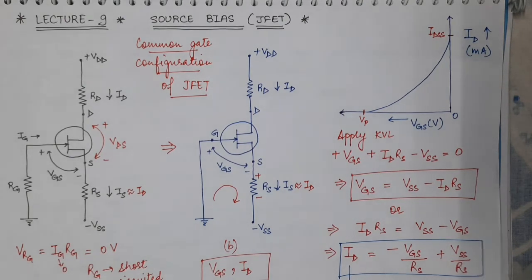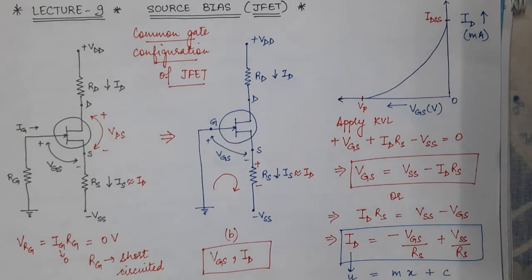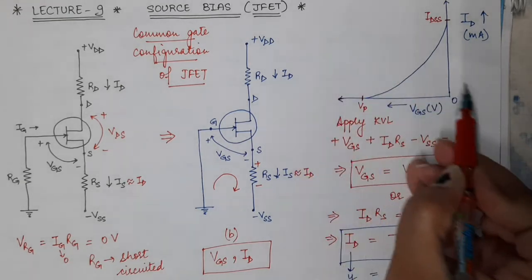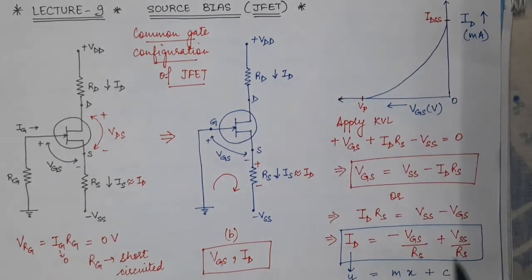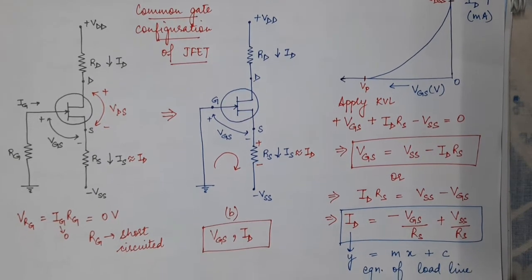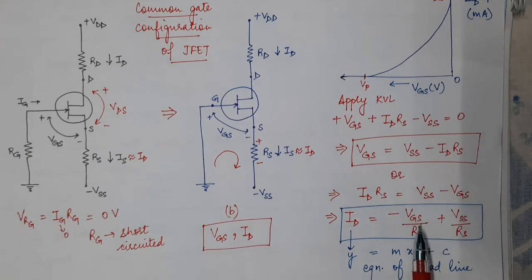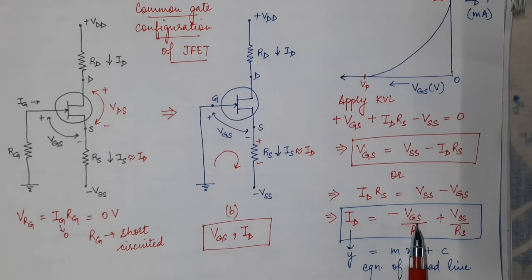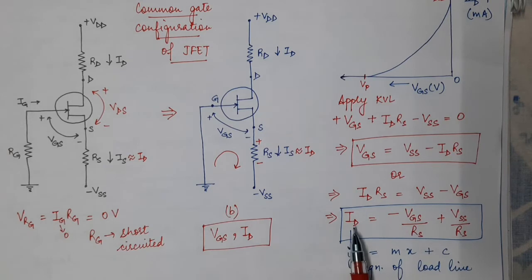Now we have to draw the load line here, and we have the equation of that load line. To draw any straight line we need 2 points. So how will we find those 2 points? First, make VGS equal to 0 and find the corresponding value of ID.